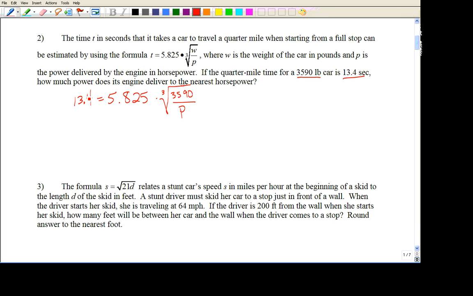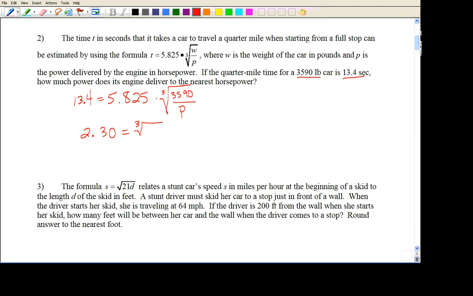So I'm going to start out by dividing both sides by 5.825. So 13.4 divided by 5.825 is 2.30. And then now I'm also going to take this cube root and I'm going to split it into two separate cube roots.